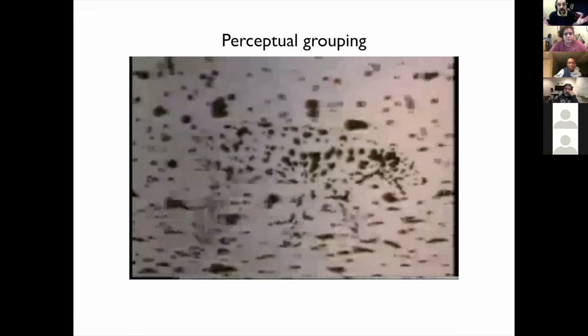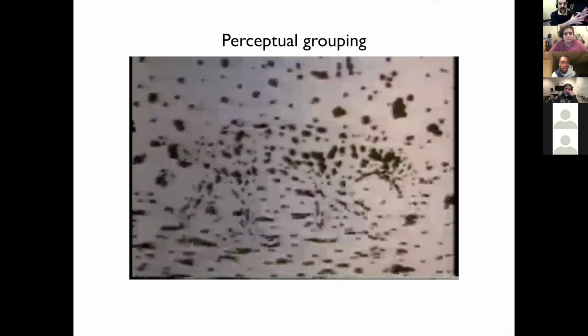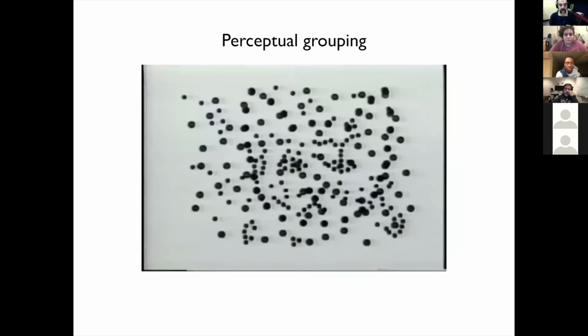What objects matter most for living things? Other living things, other animated things that might eat you, or might be food for you. The visual system is very sensitive to that, right? So you have to be able to group parts of objects that move together.